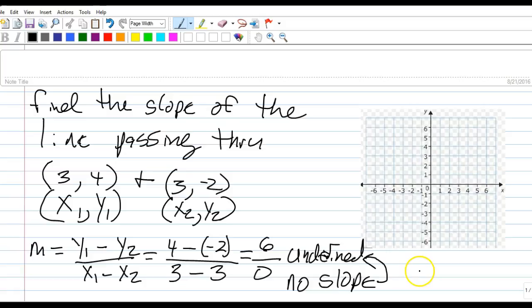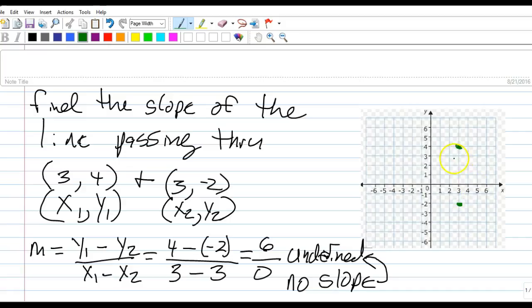So let's look at what's happening here geometrically by plotting these 2 ordered pairs. So let's plot the ordered pairs 3, 4, and 3, negative 2.